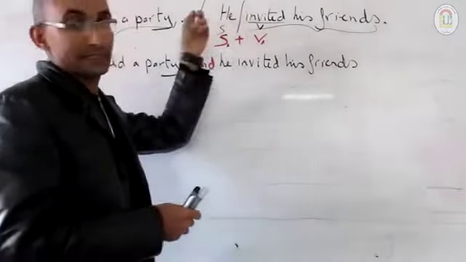All these conjunctions of coordination, or all these FANBOYS, should always be preceded by a comma when they join two independent clauses in my compound sentence, like this.